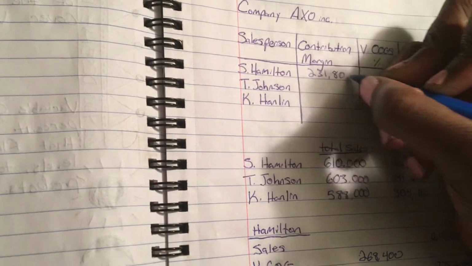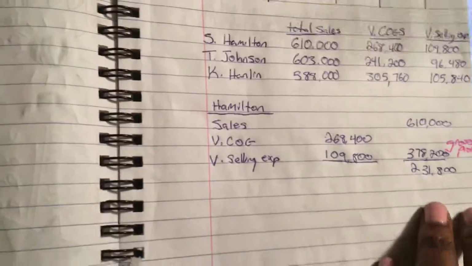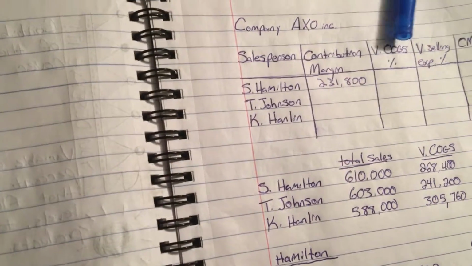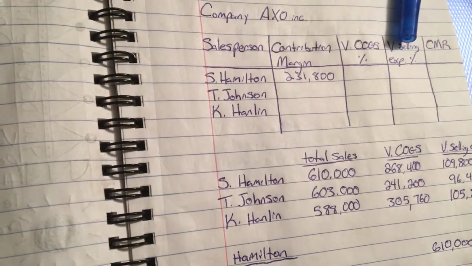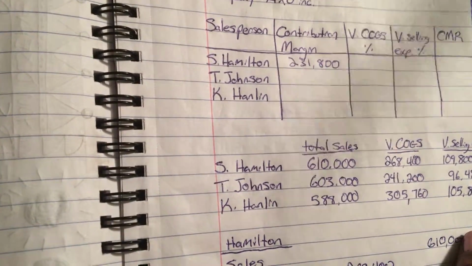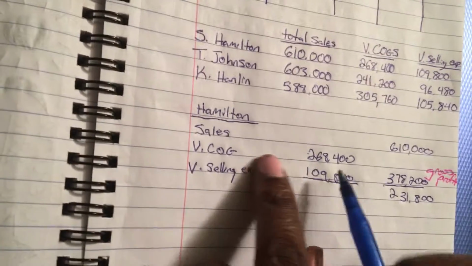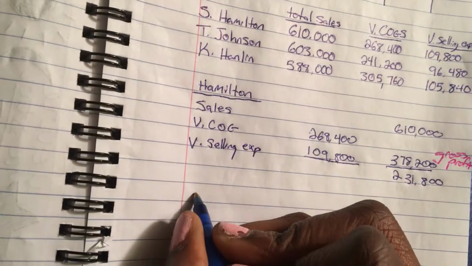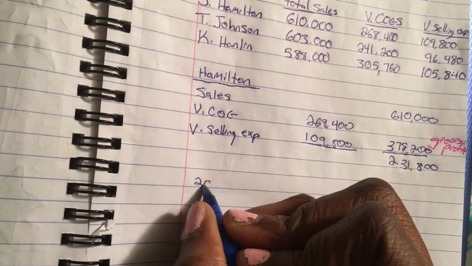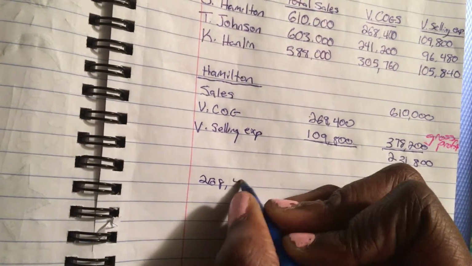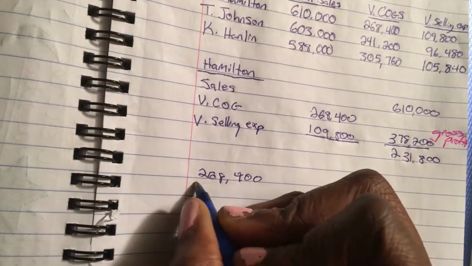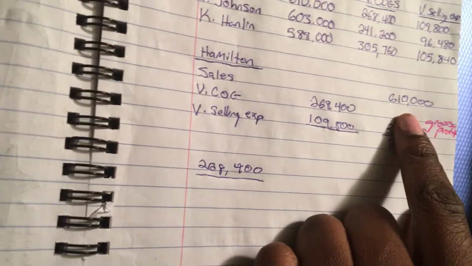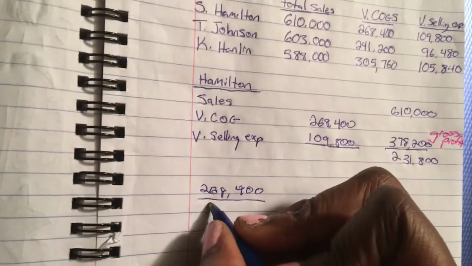Now, to calculate the percentage of our variable cost of goods sold, our variable selling expense, and our contribution margin, we will take our variable cost of goods sold and divide that by Hamilton's total sales.